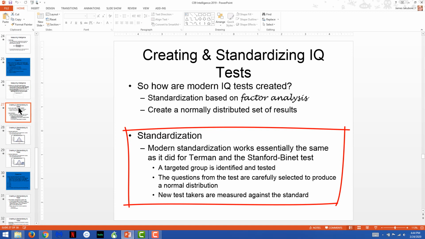And once you have that standardization for any one particular year, you simply use it as the measurement device for all the future people that are going to be taking the test for that age range. So once you make a standard for 10-year-olds, any other group of 10-year-olds the following year, the year after that, the year after that, they're all going to be measured against the 10-year-old standard that you created this year.